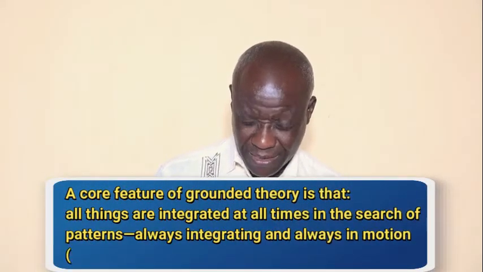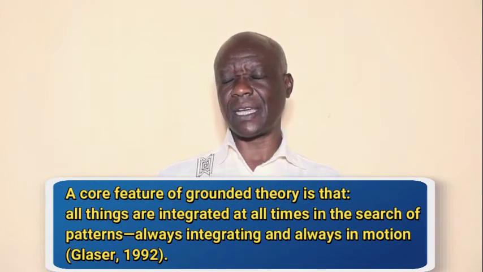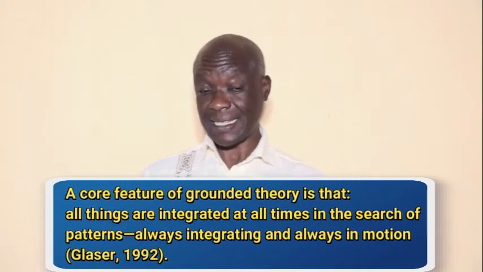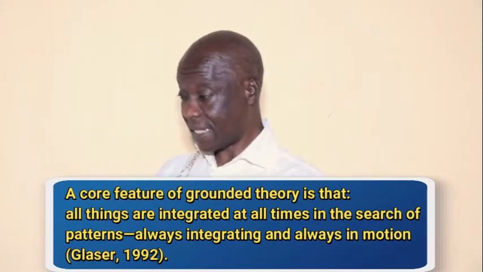So it's very important for us to know the core feature of grounded theory. And that's why I'm telling you a core feature of grounded theory is that all things are integrated at all times in the search of patterns, always integrating and always in motion. And this is what Glaser 1992 articulates.